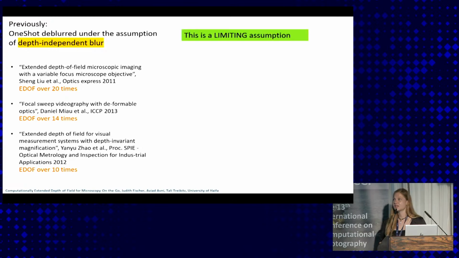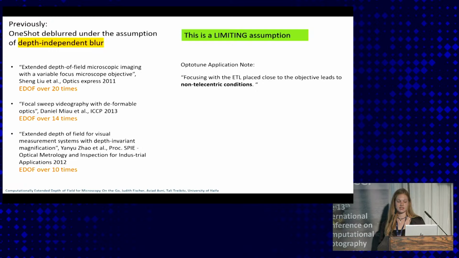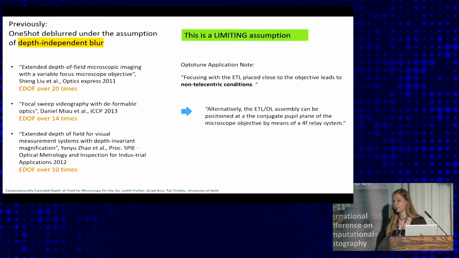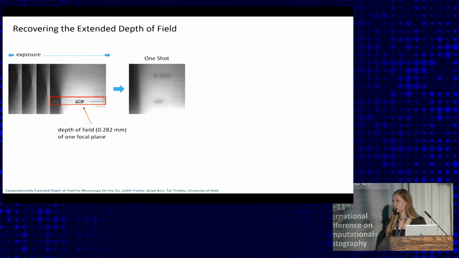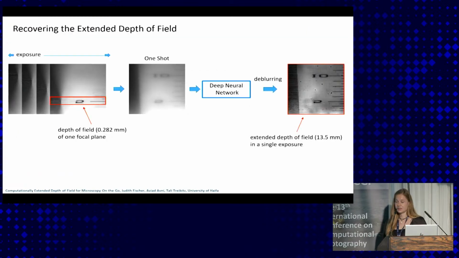But this is a limiting assumption since the telecentricity breaks over a large range, and even the Optotune application note is stating this. You can overcome this problem by using a 4F relay system, but most microscopic setups don't allow this setup. Therefore, we suggest using a deep neural network to overcome this problem, and we are able to extend a large depth of field.